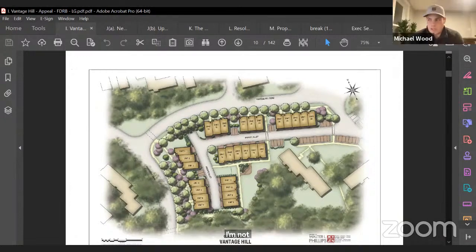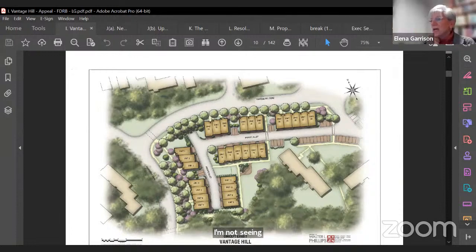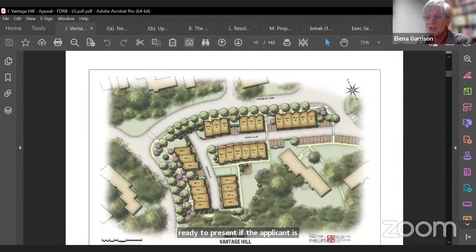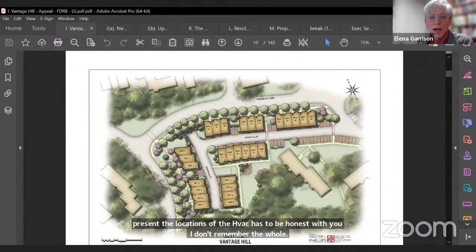Does anyone want to make a motion on the application to clarify that last part of the HVAC? Well, I'd like to ask if the applicant is prepared to present the locations of the HVAC units. To be honest with you, I don't remember the whole presentation that we saw before, and I'm not quite familiar with this.